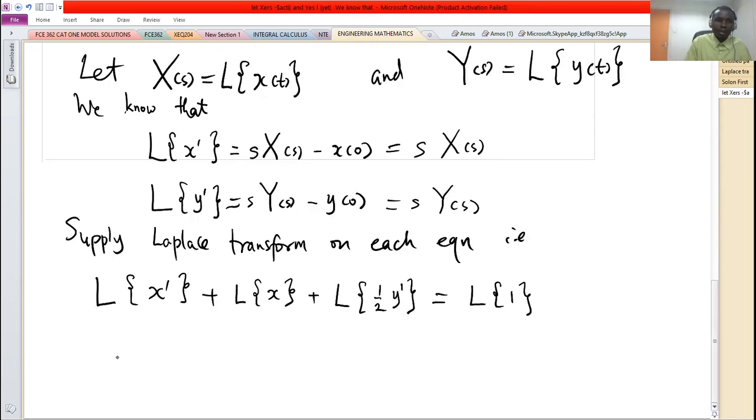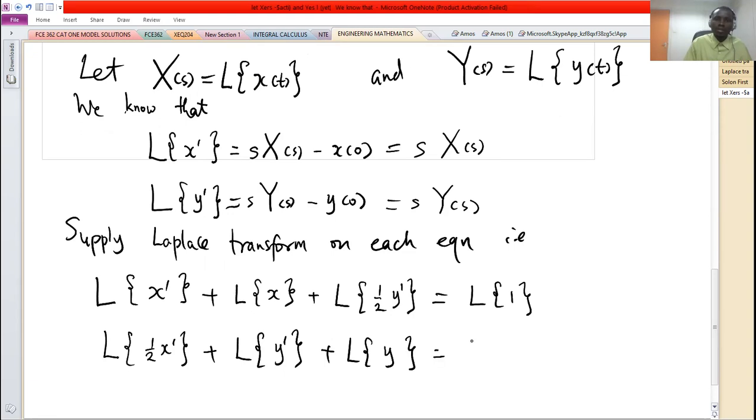And then the other one will be the Laplace transform of a half x prime plus the Laplace transform of y prime plus the Laplace transform of y equals the Laplace transform of 0.